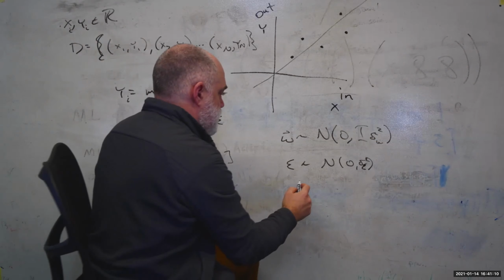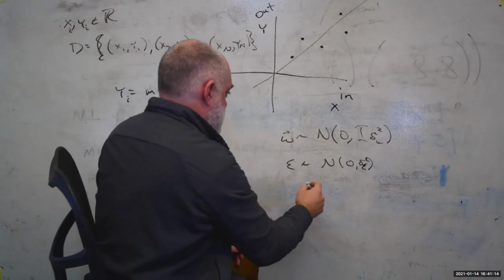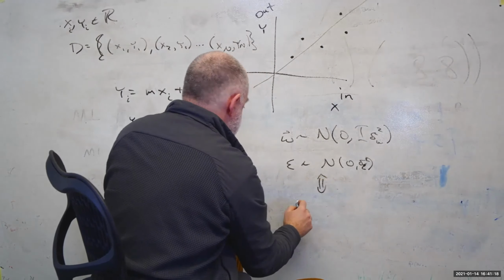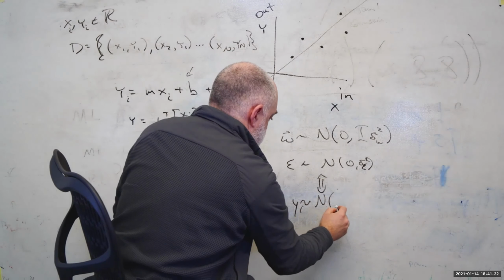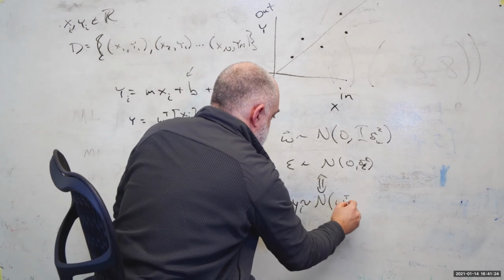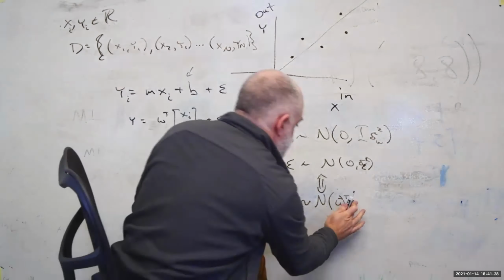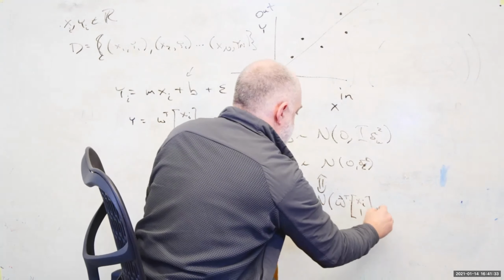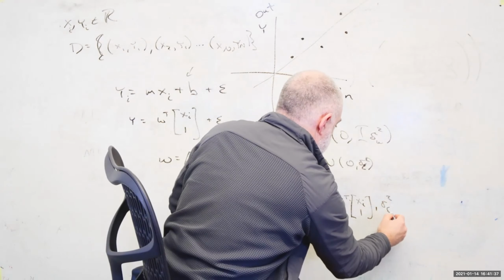And then that's basically it. This is equivalent to y_i being distributed normally about W transpose (x_i, 1), with variance sigma squared epsilon.